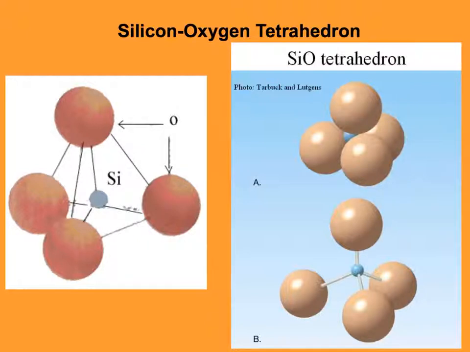So here in the middle you have a little silicon, and just for people who have done chemistry before, silicon has a bonding capacity of 4, which means it can bond with 4 other things. In this particular case, it bonds with an oxygen, another oxygen, and another oxygen. So for every single one silicon, there's 4 oxygens.